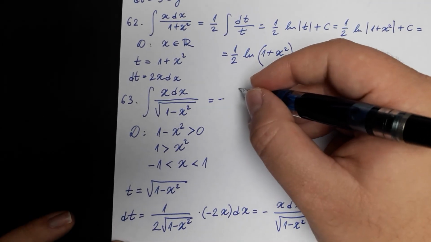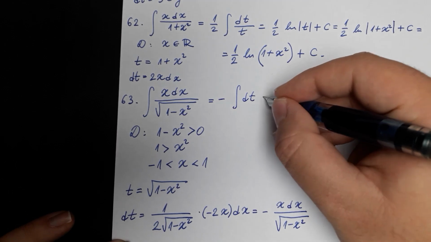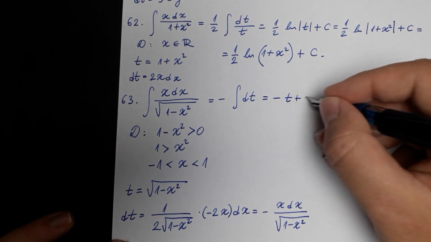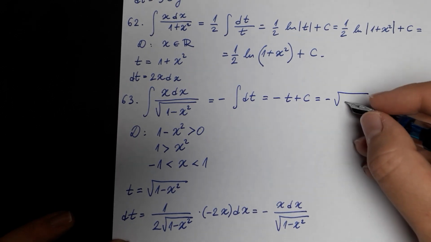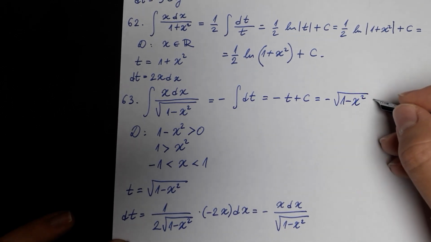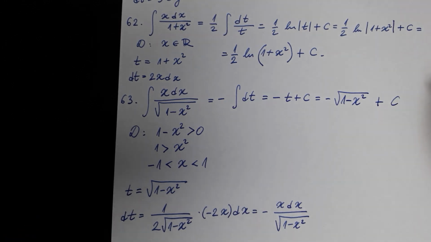This is then equal to negative dt, and that is equal to negative t plus c. And when we return into the x world, we get negative square root of 1 minus x squared plus c.